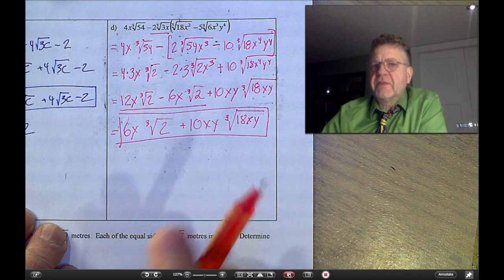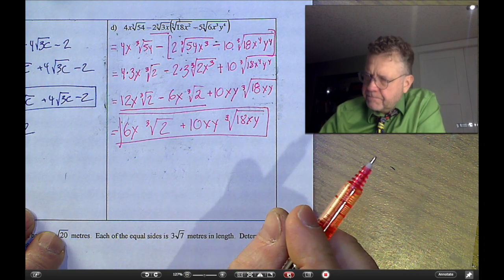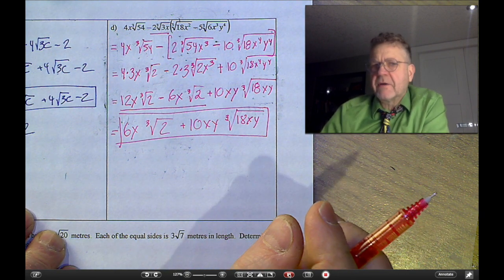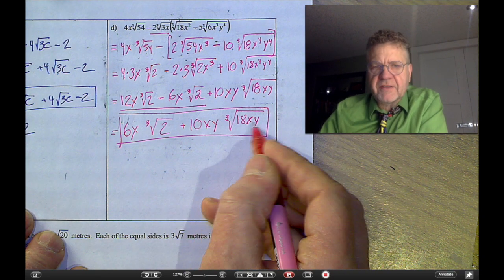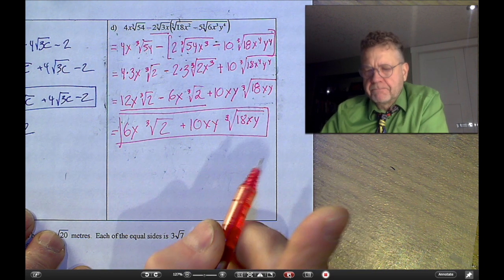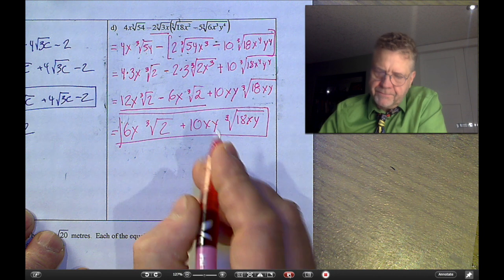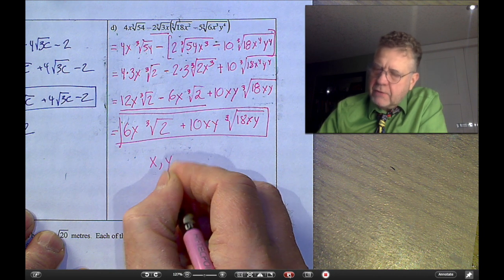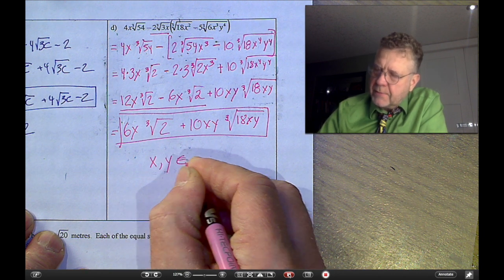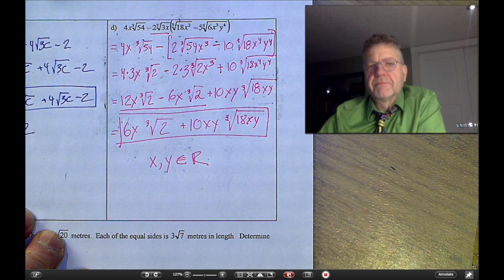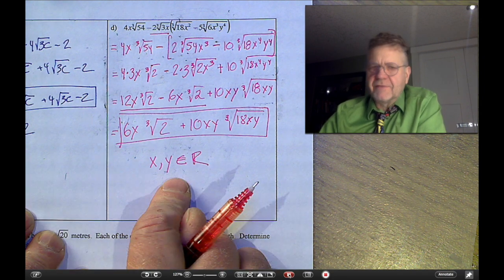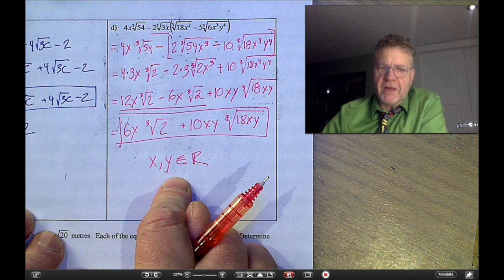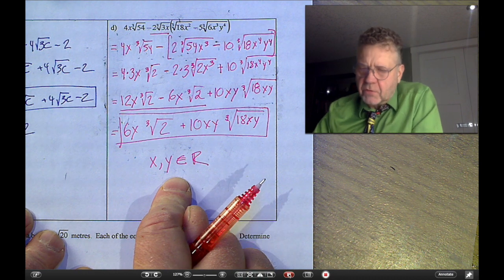So you're allowed negative numbers in the radicand. So it doesn't look like there are any restrictions on the x and the y. You still have to say that. So you're going to have to say x and y are members of the reals. You have to state that. That's a roundabout way of saying there is no restriction on the x and y, but it's there.